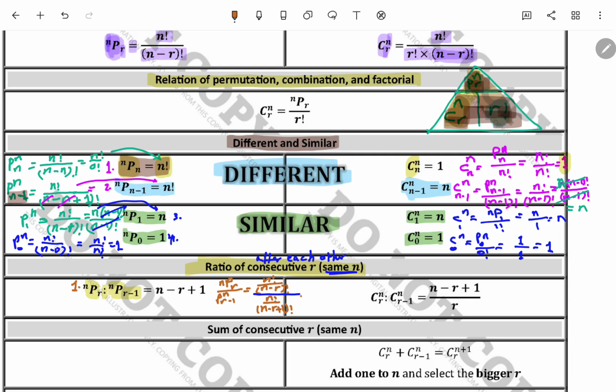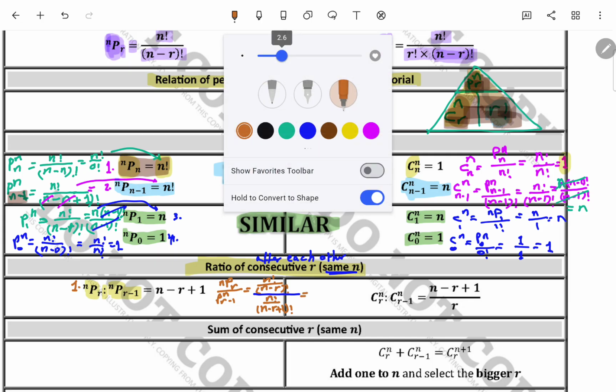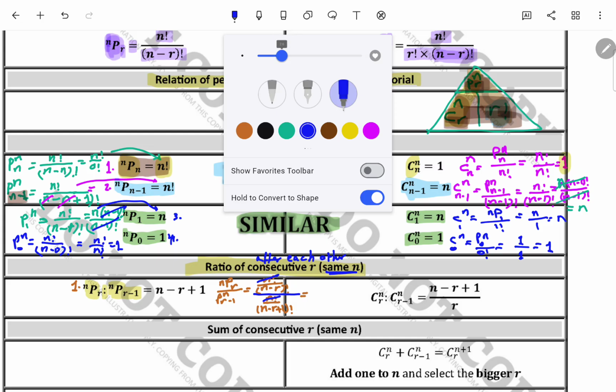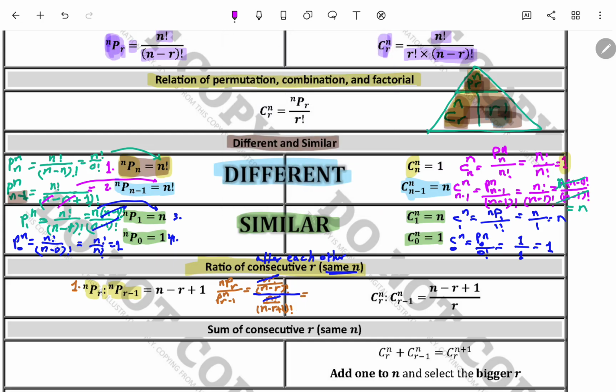Now we can continue by cancelling the common factors up and down, and we can switch from down to up like this.